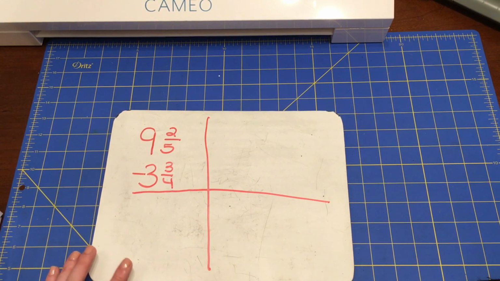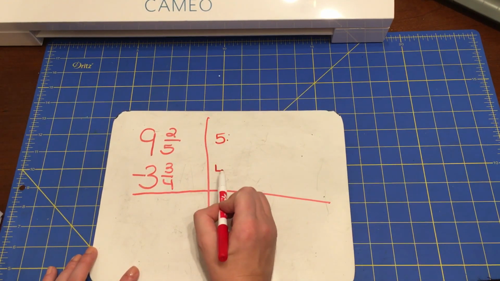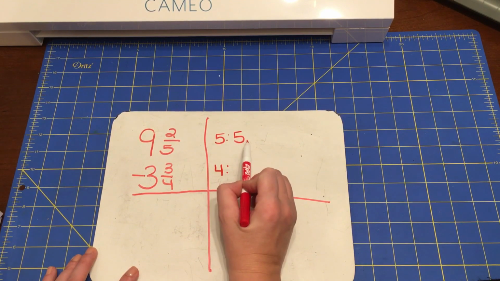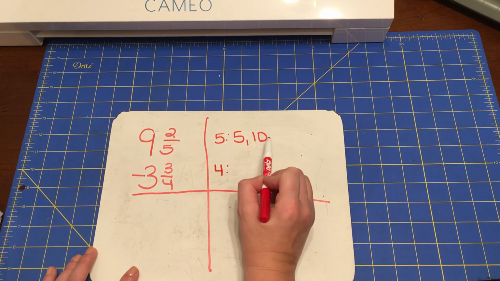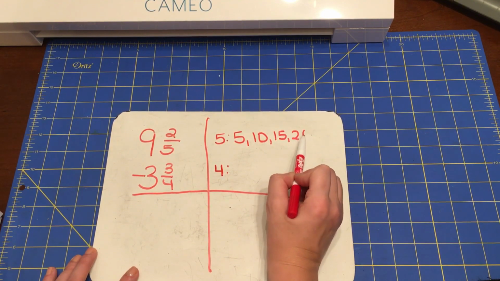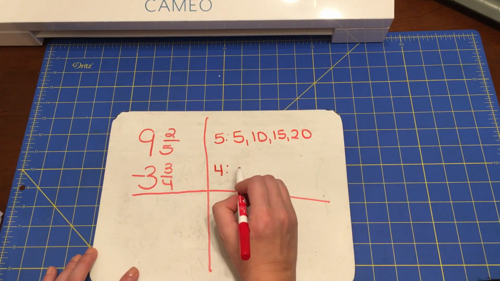All right, welcome back. So here we go. I took my two denominators, 5 and 4, wrote out the multiples. 5 times 1 is 5, 5 times 2 is 10, 5 times 3 is 15, 5 times 4 is 20. And I know 4 times something is going to give me one of those numbers.